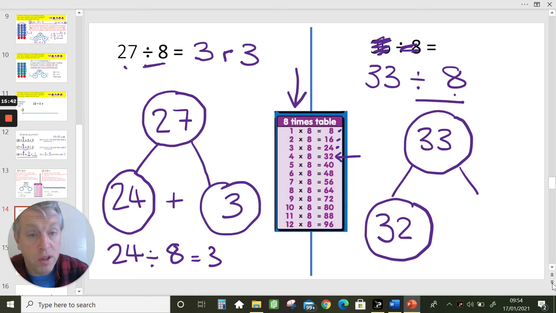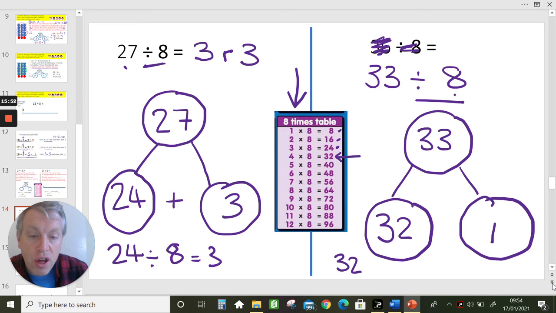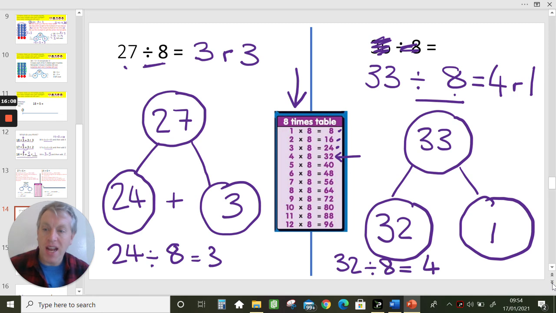Otherwise, I'll say 40, and that's more than 33. I've got to split my 33 into 32 and 1. 32 divided by 8. That's easy. We use our times tables. It's 4. 33 divided by 8 is 4, and 1 left over. 4, remainder 1.